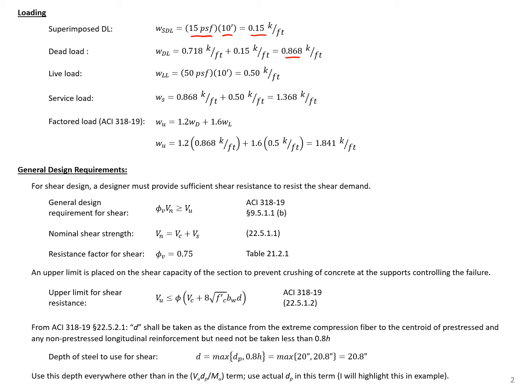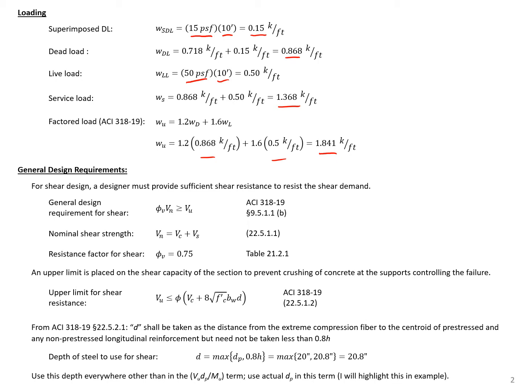For our live load, we just again take our 50 pounds per square foot times 10 feet to get our distributed load, and we can add that live load to our total dead load to get our service load, and then we can factor our dead load and our live load to get our total factored load, our ultimate distributed load here, 1.841.